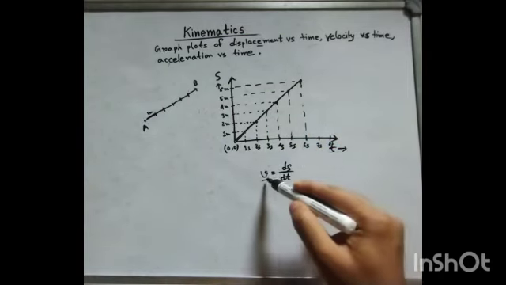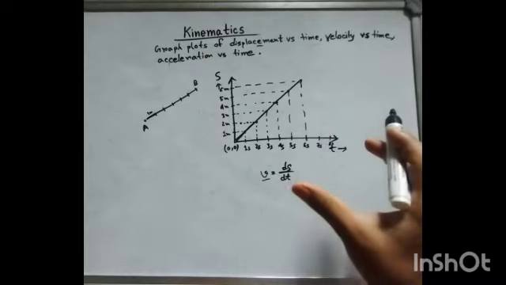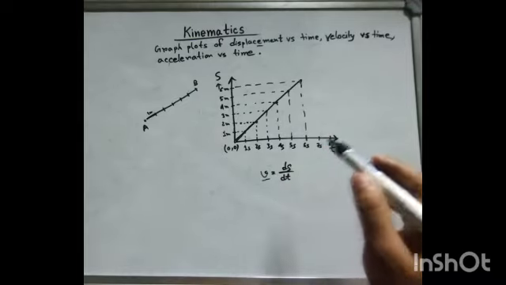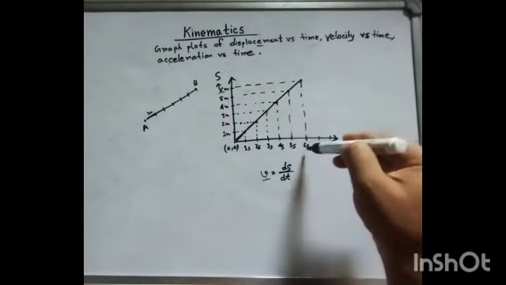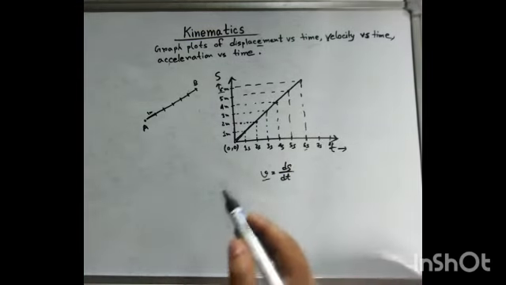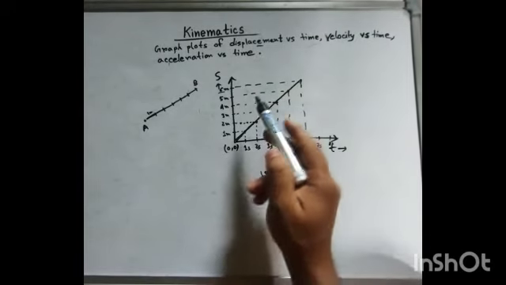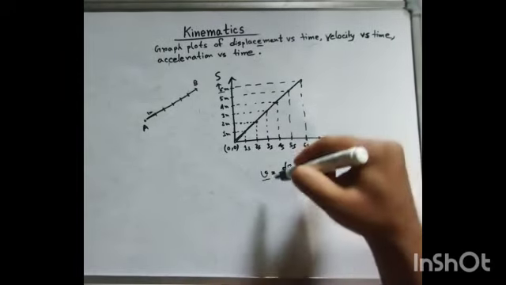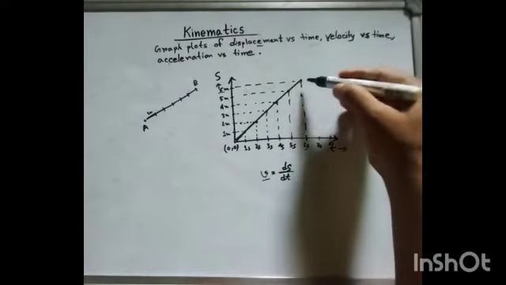And if I ask you to find how much distance you covered, then you can easily find that you covered 6 meters in 6 seconds. So that is easy. But what was your velocity? That is ds by dt. What was your ds?